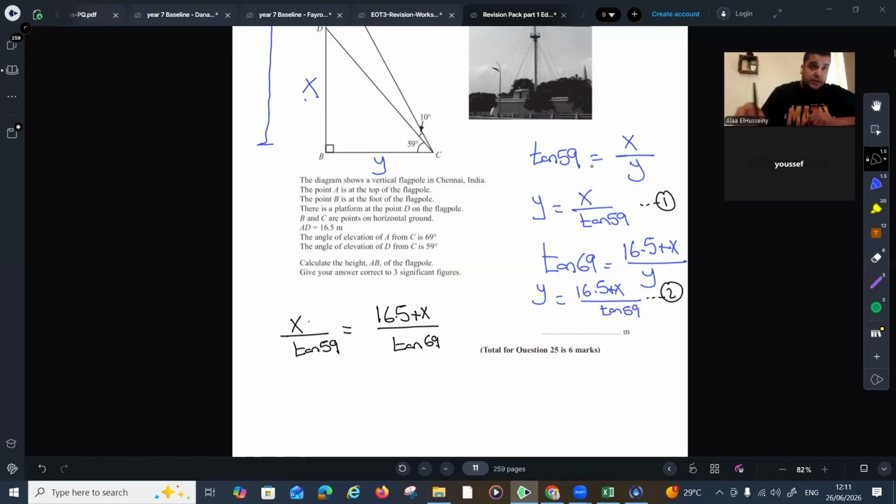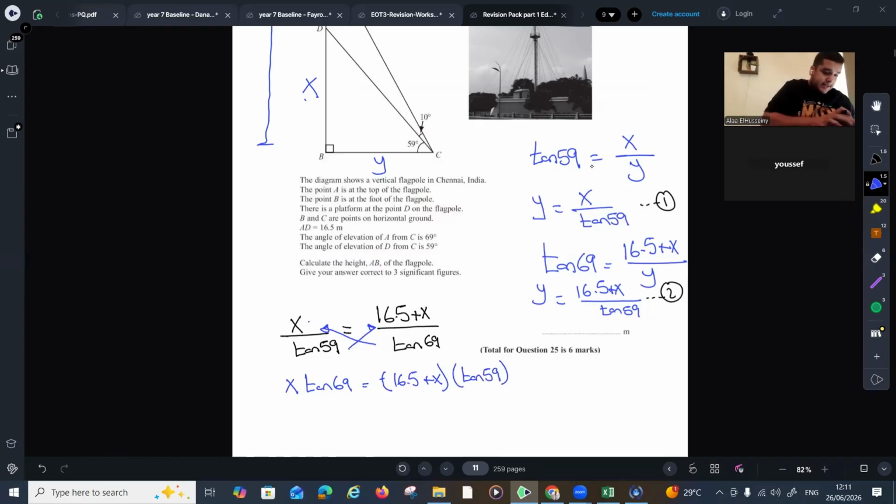So we do cross multiplication here. So x tan 69 equals 16.5 plus x times tan 59. So first, what's tan 69? 2.6.